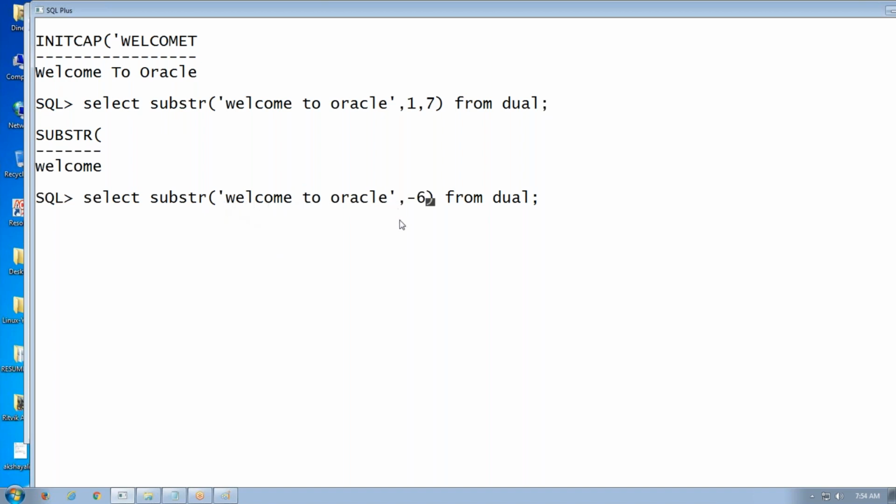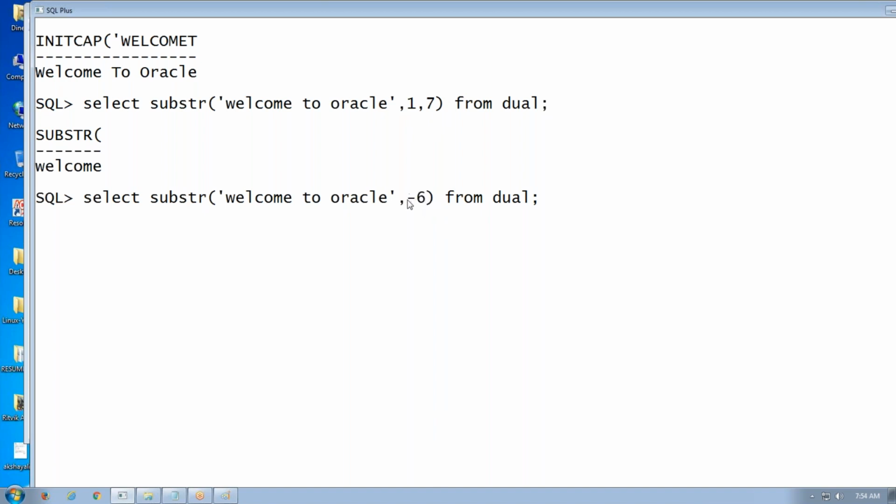The first parameter is the string, the second parameter is m. You are not writing n. If you don't write n, then from this position it will print the string till the end of the line.